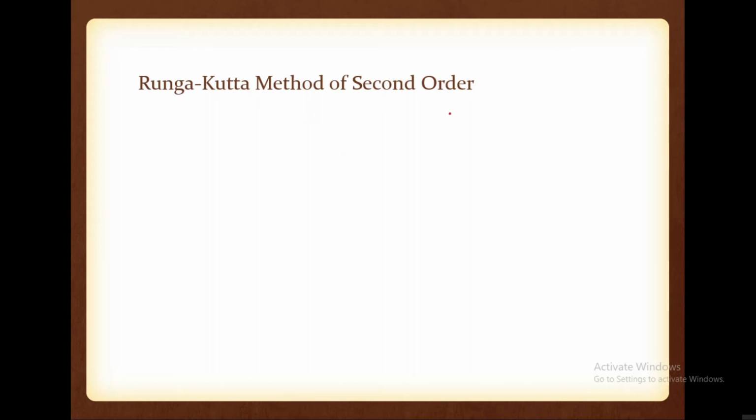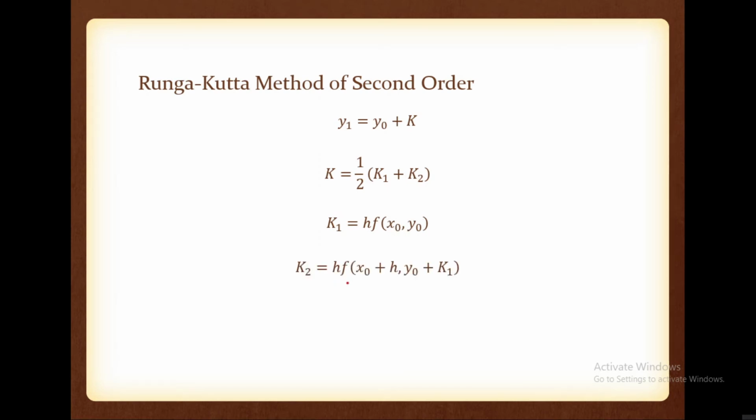Runge-Kutta method of second order is y1 is equal to y0 plus k, where k is equal to k1 plus k2 divided by 2, where k1 is h into f of x0 comma y0 and k2 is equal to h into f of x0 plus h comma y0 plus k1.